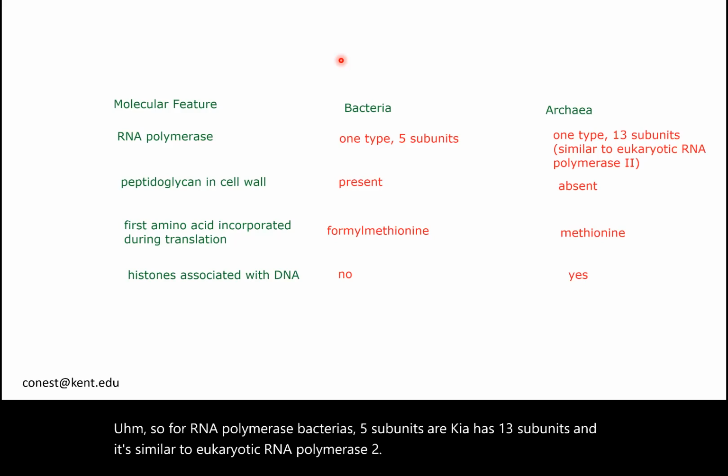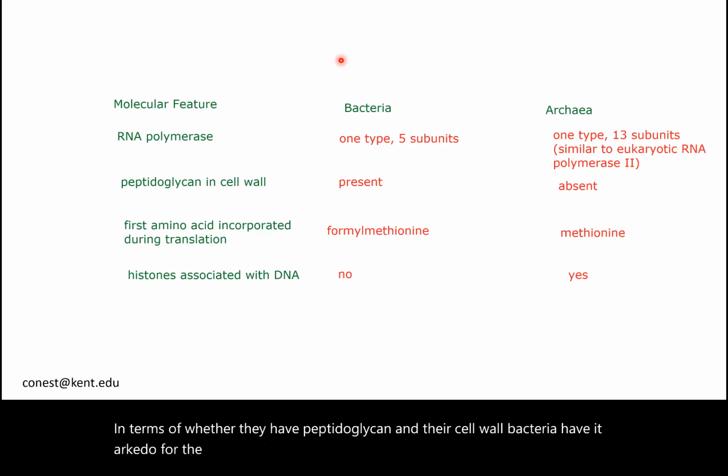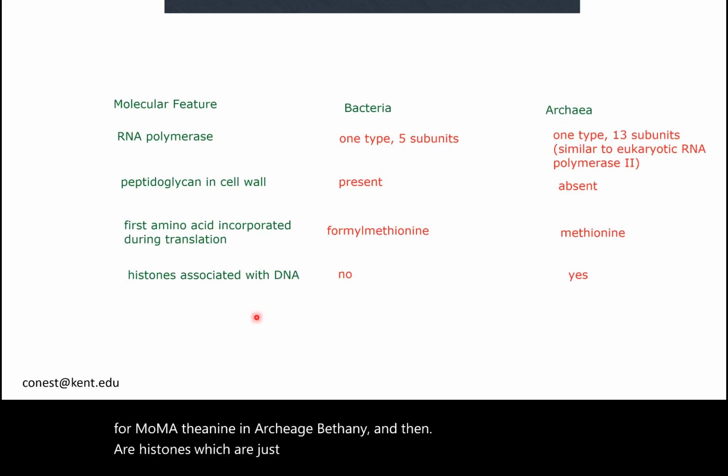In terms of whether they have peptidoglycan in their cell wall, bacteria have it, archaea don't. For the first amino acid incorporated during translation, for bacteria, it's formylmethionine. In archaea, it's just methionine. And then histones, which are just proteins, are they associated with DNA? In bacteria, no. In archaea, yes.